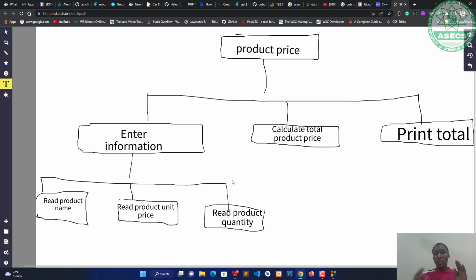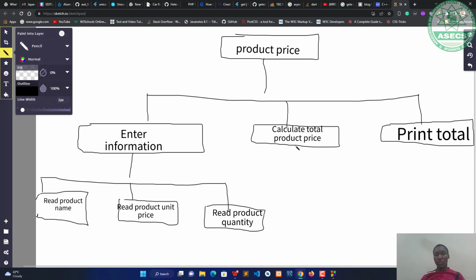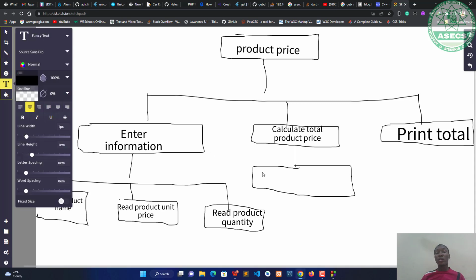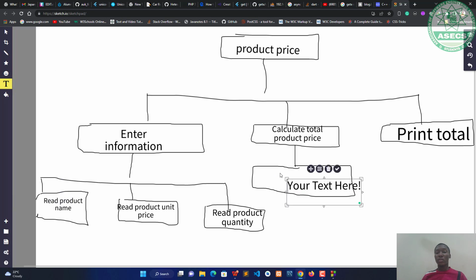Alright, now we are done with collecting the information, but now we are to calculate the total price. So let me calculate. Multiplying this and this. So I'll just draw something like this. It is under level 3.